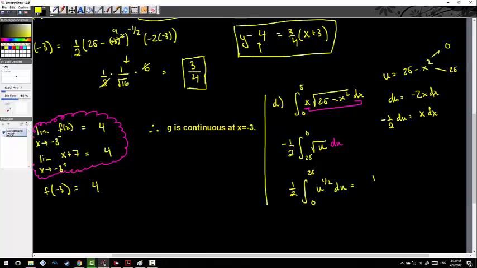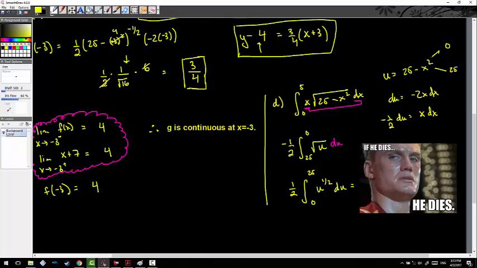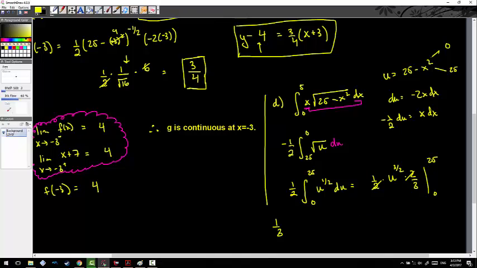So what I get is 1/2 times u to the 3/2 times 2/3 on the interval from 0 to 25. Well, the 2 on bottom and the 2 up top, they die. So I get 1/3 u to the 3/2 from 0 to 25.